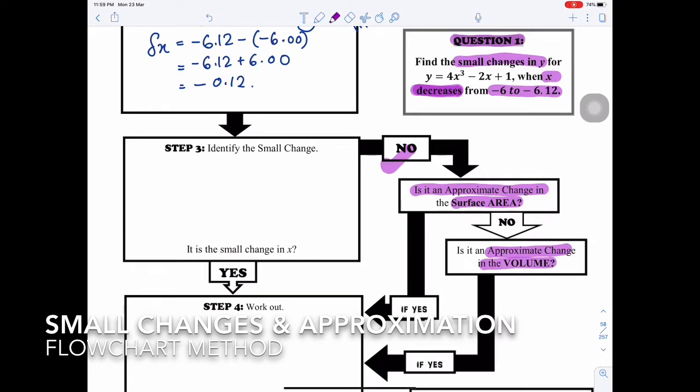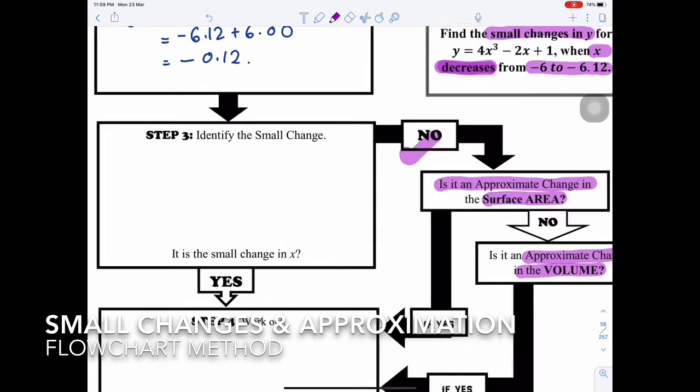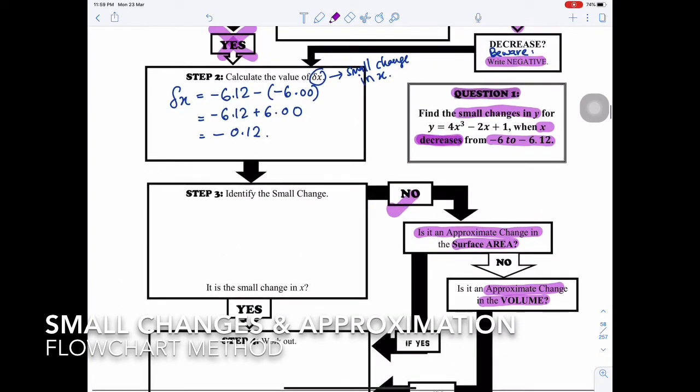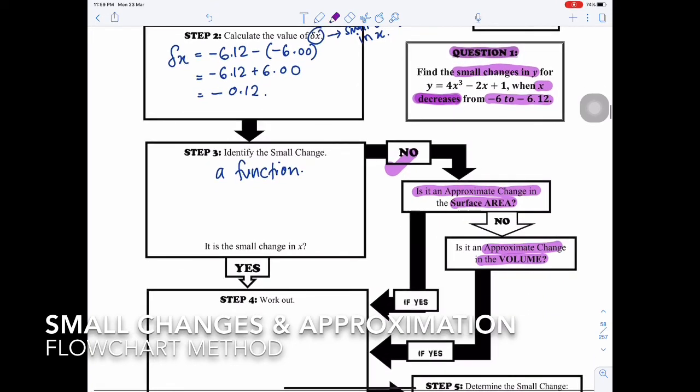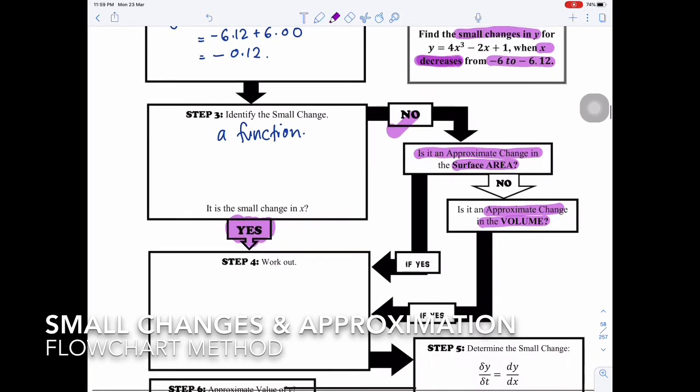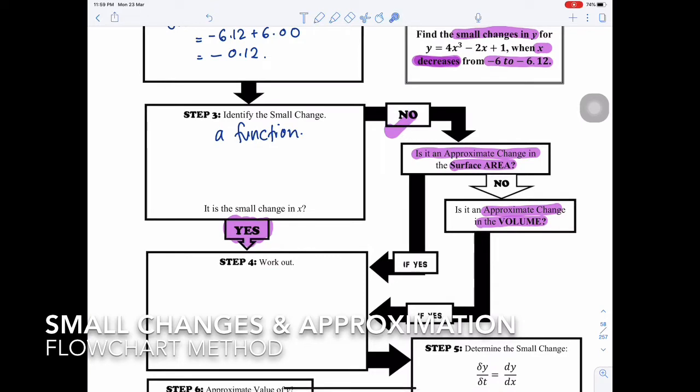So if not related, we know this is actually a function. Okay, is it small change in x? Yes. You don't choose no, because if you choose no, it must be for surface area and volume.